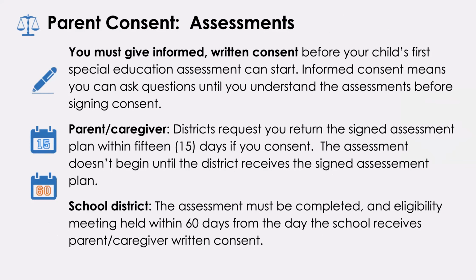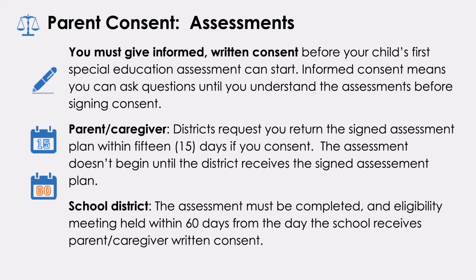Parent consent on assessments. You must give informed written consent before your child's first special education assessment can begin. Informed consent means you can ask questions until you fully understand the assessments that would be given to your child before signing the consent.